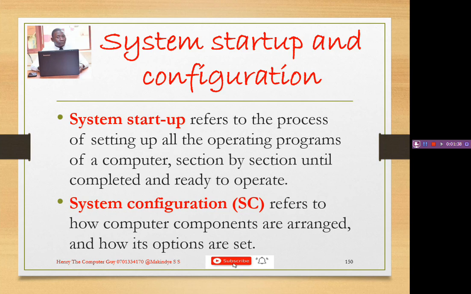And it is actually divided into either the hardware configuration or the software configuration. So don't confuse them. It can either be configuring the hardware or configuring our software. You will hear some people talking about hardware configuration and software configuration.